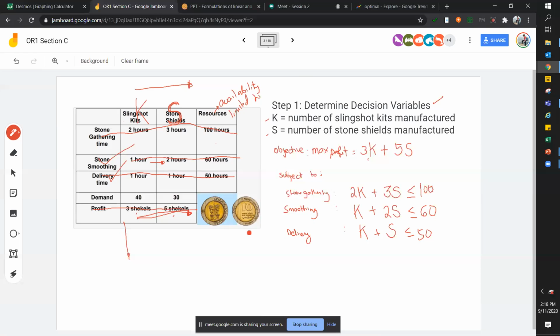Ayan, paano natin mapapresent to? Okay, paano? So, paano natin mailagay yan? Okay, so, sling shot kit demand. Paano ko ipepresent yung demand ni sling shot at saka ni stone shields?